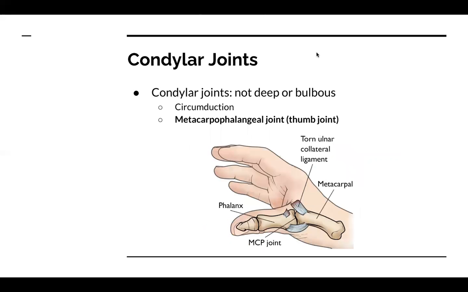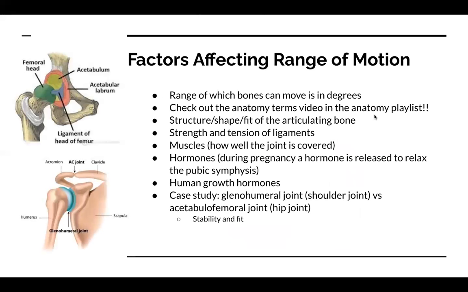Your condylar joints are not deep or bulbous. Your metacarpophalangeal joint, which is your thumb joint, can also do circumduction. And here is an image of it. So all of those were types of synovial joints, and I just went over them really briefly. There's not much to them, but it's good to know that they exist and a few examples of each.